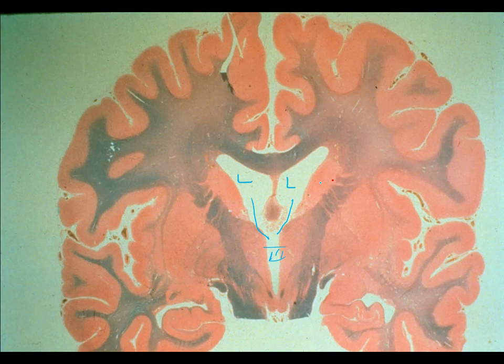Choroid plexus. Here we have caudate. Caudate. We have corpus callosum. We have on either side insula. Okay.